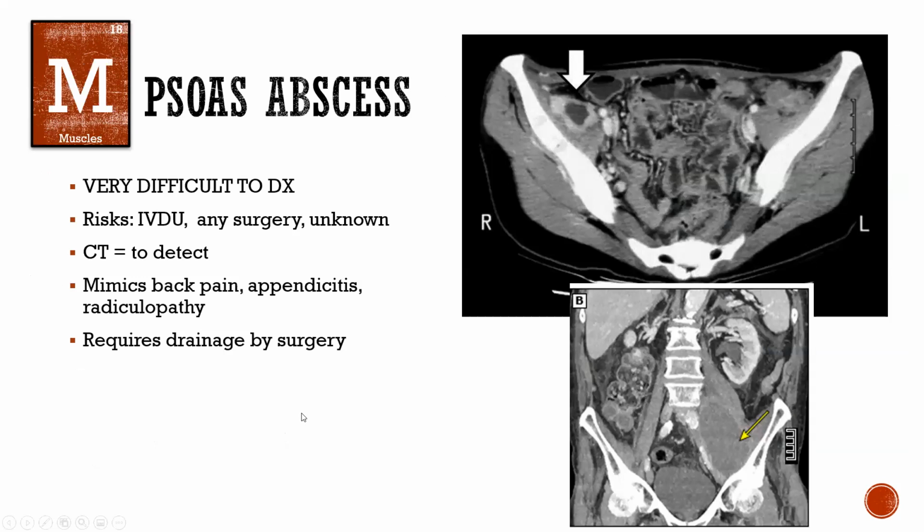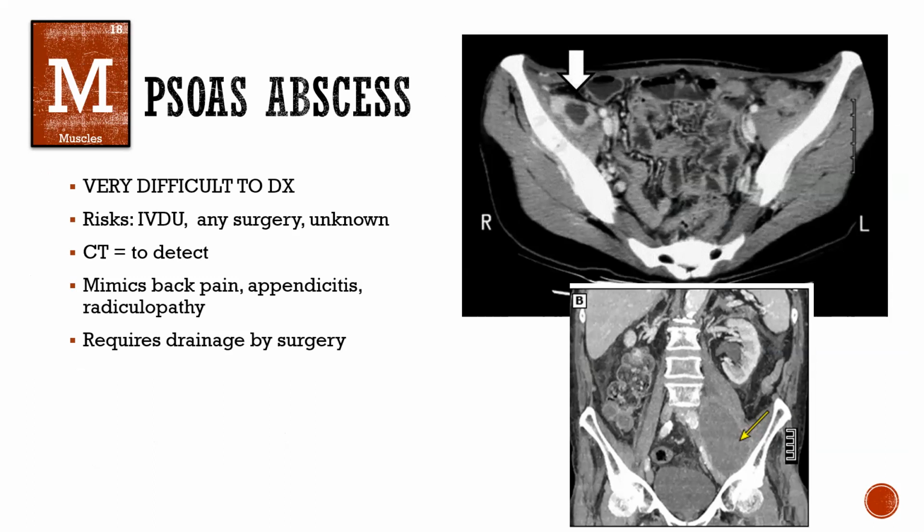Another cause of back pain that is often missed, and again, very rare, is something called a psoas abscess. So the psoas is that big muscle here that crosses the pelvis, and psoas abscesses happen spontaneously. You can be at high risk for them, for example, an IV drug user, but any surgery can lead to a psoas abscess.